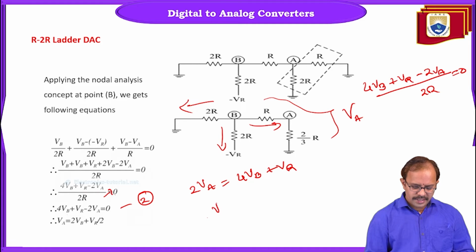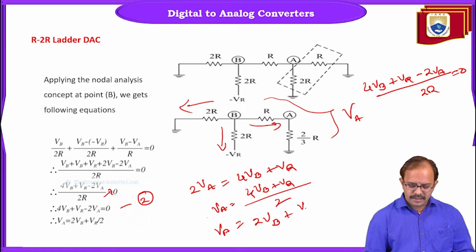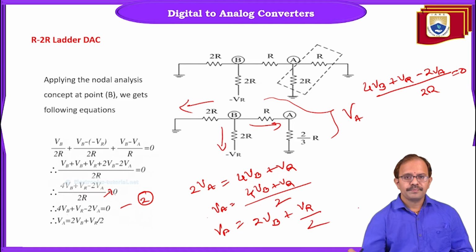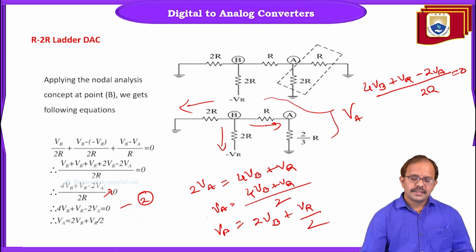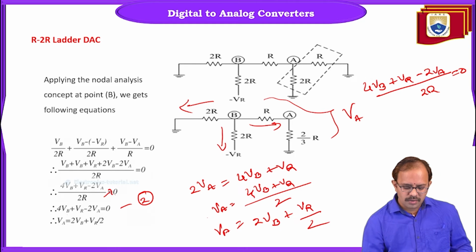So that means VA is equals to 4 VB plus VR divided by 2. So what we are going to have, VA is equals to 2 VB plus VR by 2. So this is what we have by considering the signals across the node B, right?